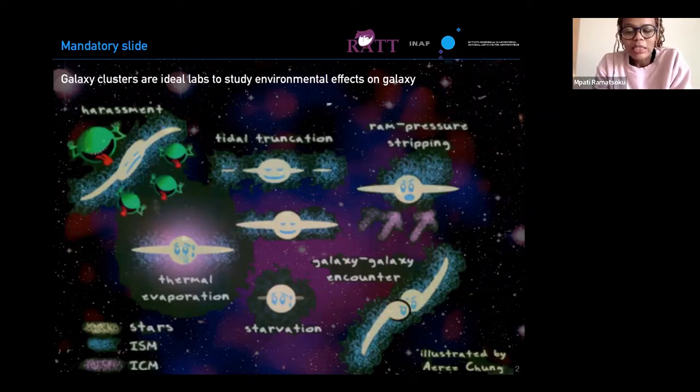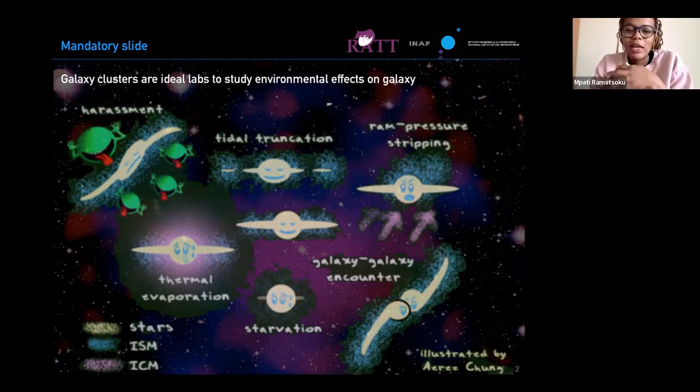If you want to understand how galaxies evolve within the different environments. And as boring as this line is, it's actually true. Because even within the simple galaxy cluster environment itself, you get different sub-environments, if you will.